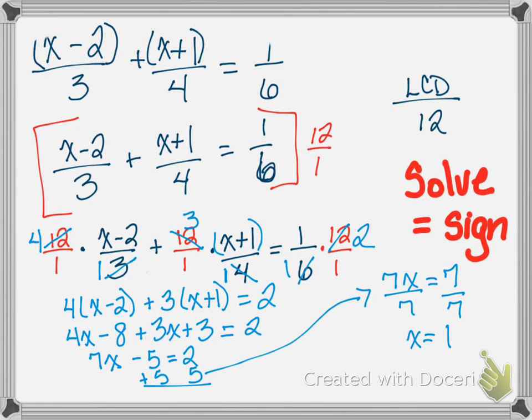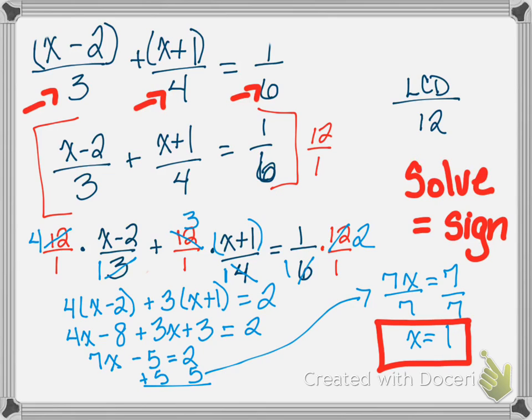So you want to get in the habit of taking this answer and asking yourself, will it make any of my denominators undefined? Now, we don't have a variable in any of these denominators, so we're okay. That means that this x equals 1 is fine.